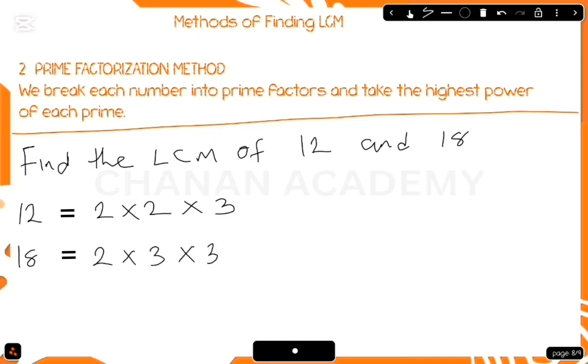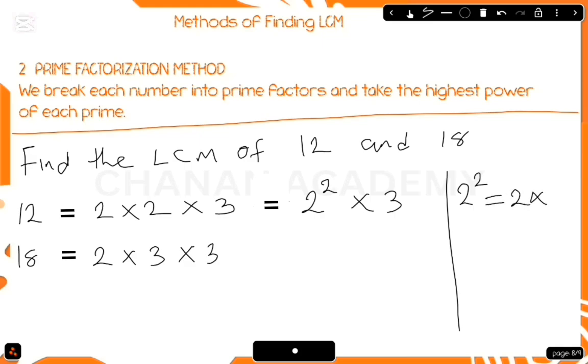We can express 12 as 2 raised to the power of 2 multiplied by 3. Now 2 raised to the power of 2 is the same thing as 2 multiplied by 2. We can write 18 as 2 multiplied by 3 raised to the power of 2. So these are the prime factors.